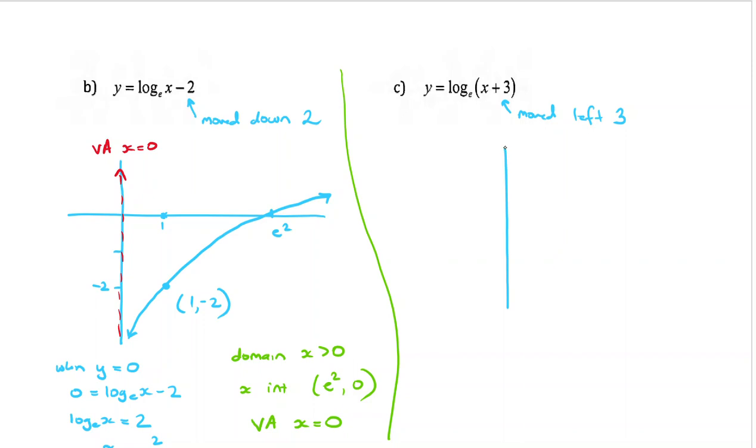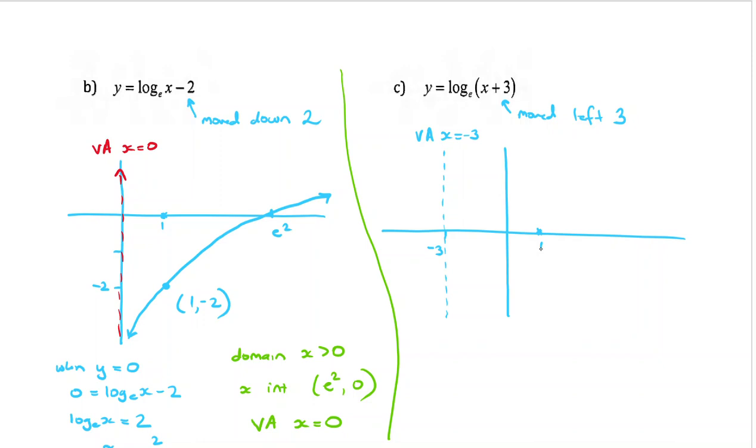At minus 3, so that's 3 to the left, there's my vertical asymptote. My x-intercept is normally at 1, but I'm going to shift it 3 to the left.